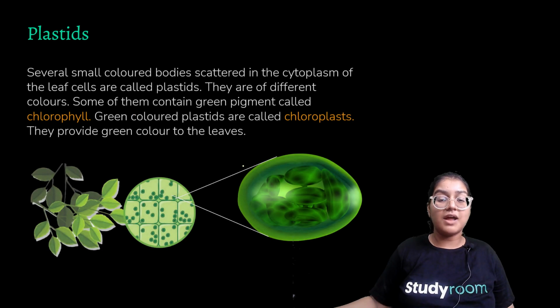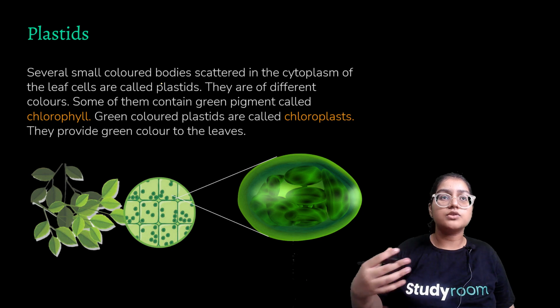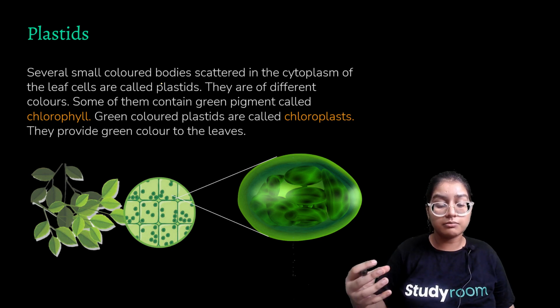We have plastids. Plastids are basically present in plants and absent in animals. Several small colored bodies scattered in the cytoplasm of the leaf cells are plastids. There are different kinds of plastids: some are chromoplasts, leucoplasts, different colors of plastids.